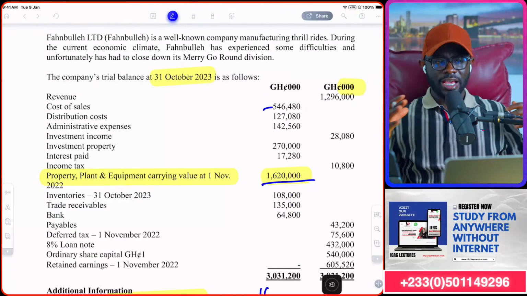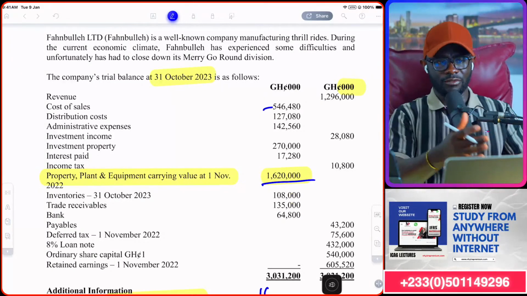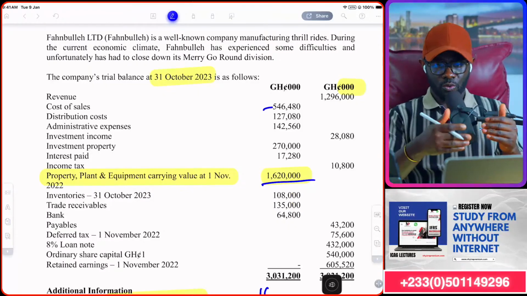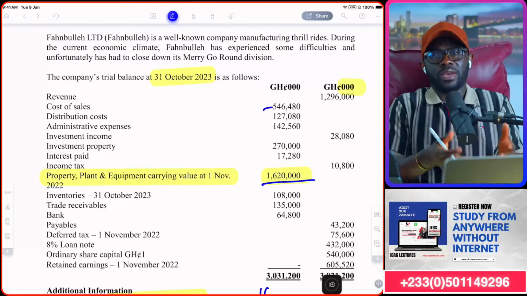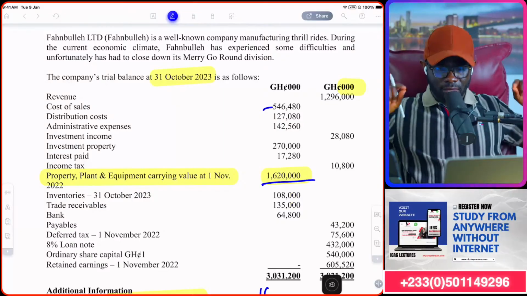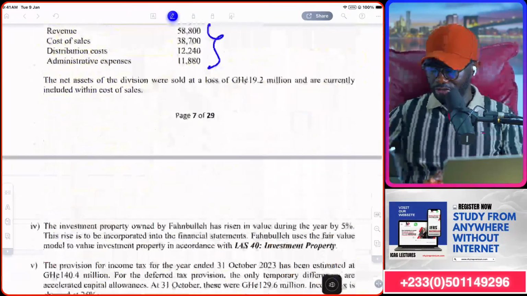Very important. Then we can check out the division that has been disposed of. What is the profit or loss that he made on that? And that will come as a line item on the face of the financial statement.